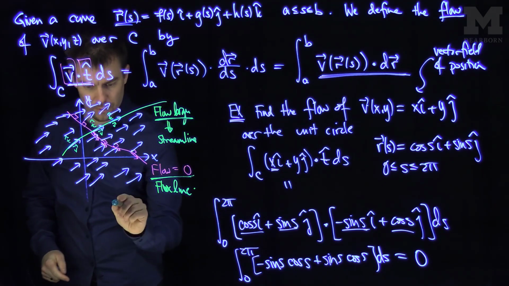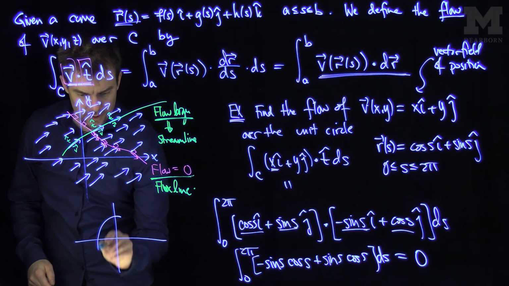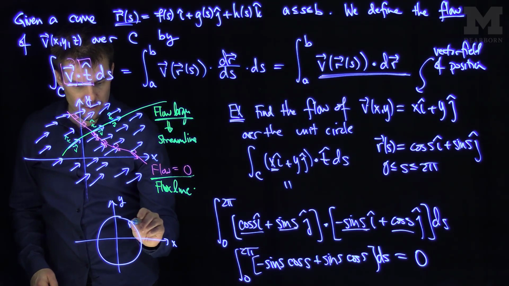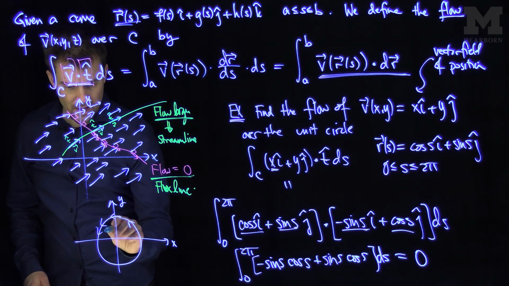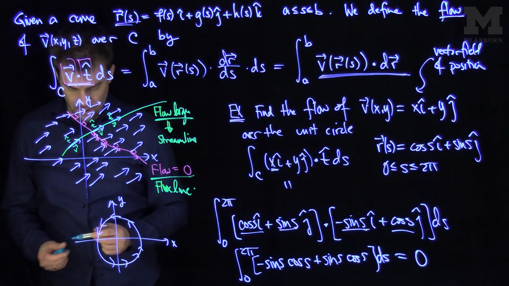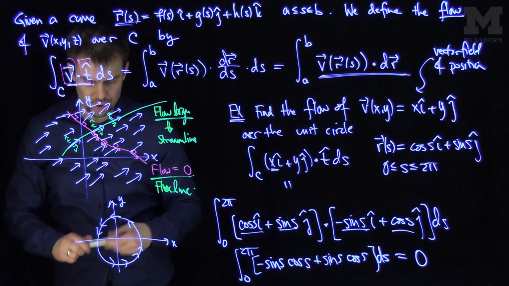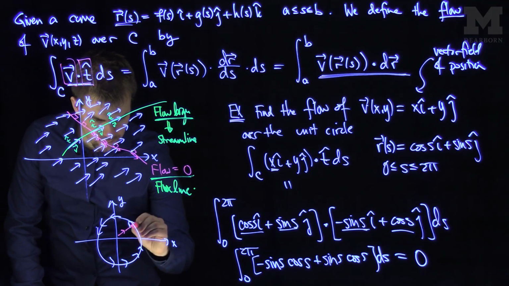It says that this vector field and the circle are going in exact perpendicular directions to each other. We can see that because the unit circle looks like this. That's y and that's x. So that was the curve I was given. And what did our vector field do? Our vector field was radial. It was just the vector field of position. So our vector field looks like this.